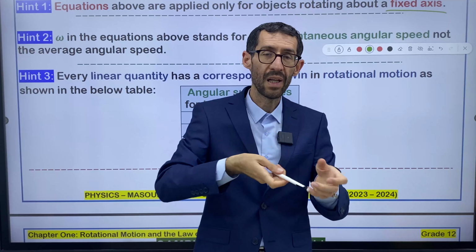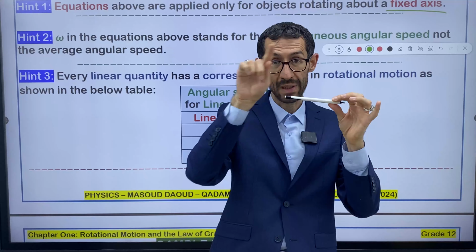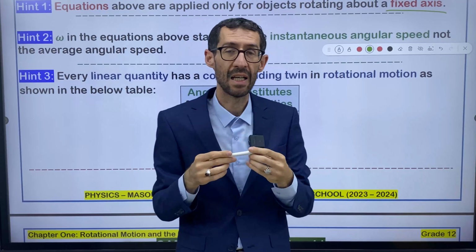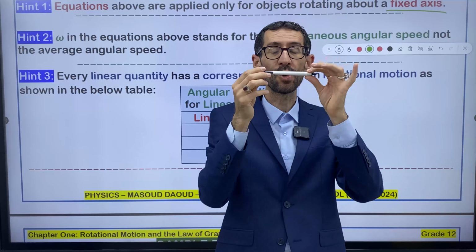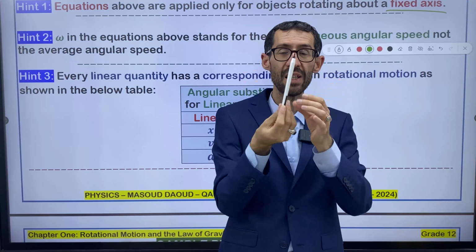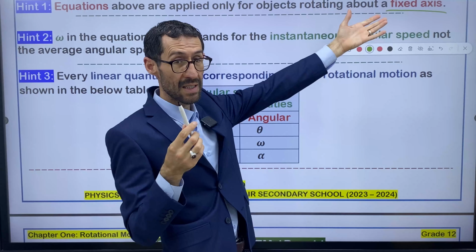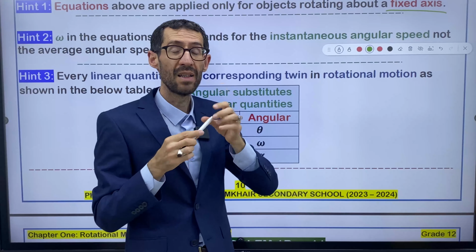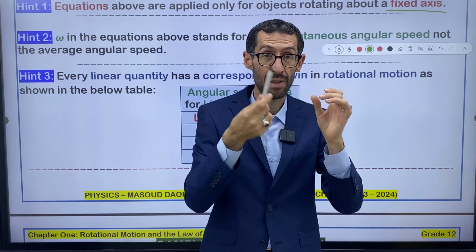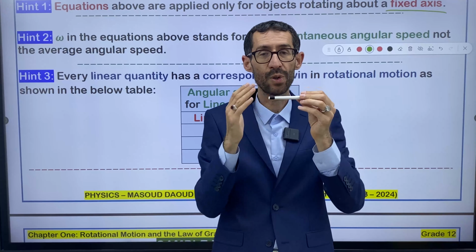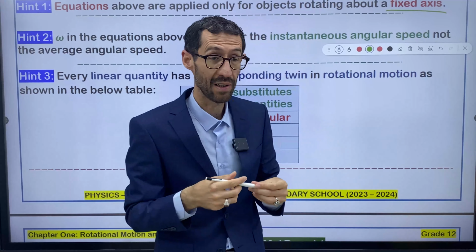Whenever you rotate this marker, it changes its position gradually. So in this situation, the rotating marker does not have any fixed axis. That's why we cannot apply these equations even to this marker, because the axis of rotation is changing continually.